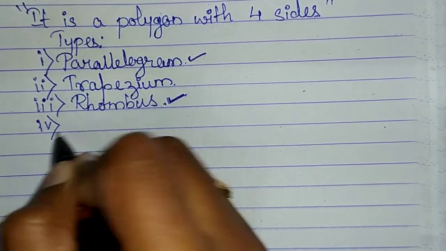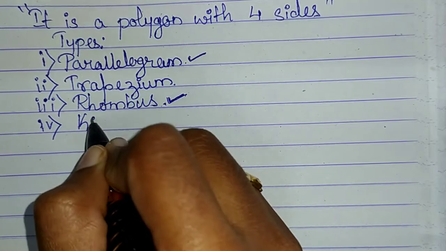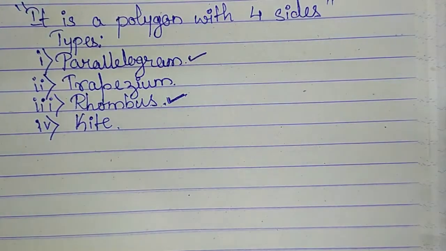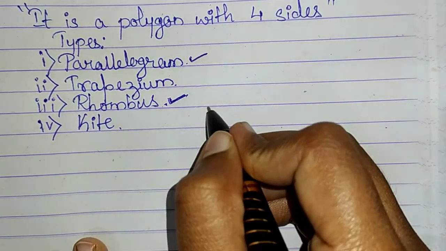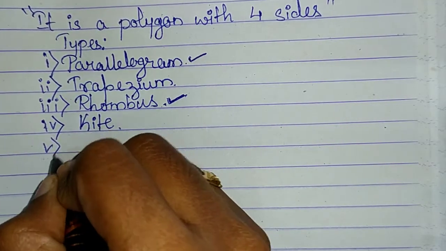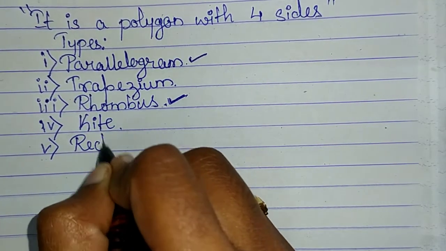The fourth type of quadrilateral is a kite. A kite is a quadrilateral in which the adjacent sides or the neighboring sides are equal to one another. And the fifth type is a rectangle.